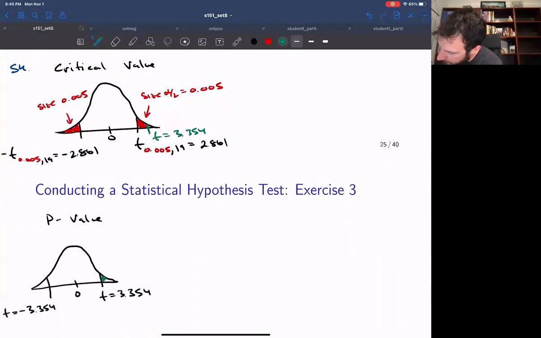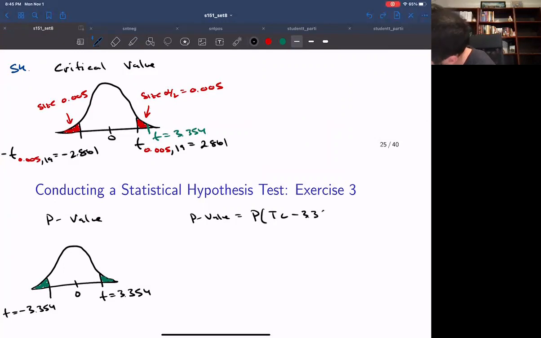So our p-value here is going to be the probability that t is bigger than 3.354 and the probability that t is less than negative 3.354. So the p-value is equal to the probability t is less than negative 3.354 plus the probability t is bigger than 3.354.